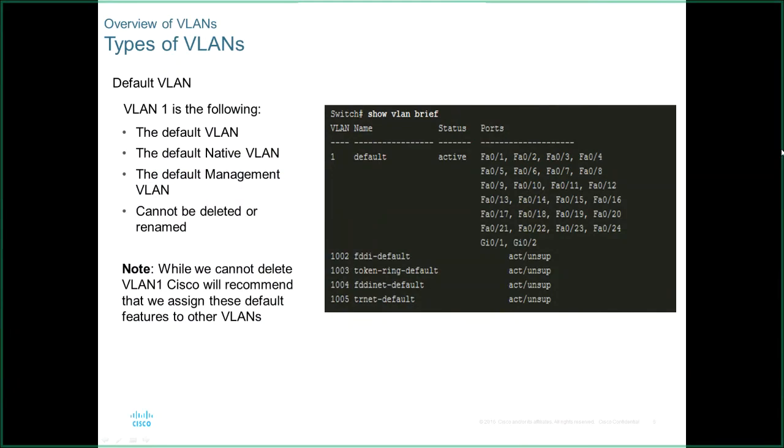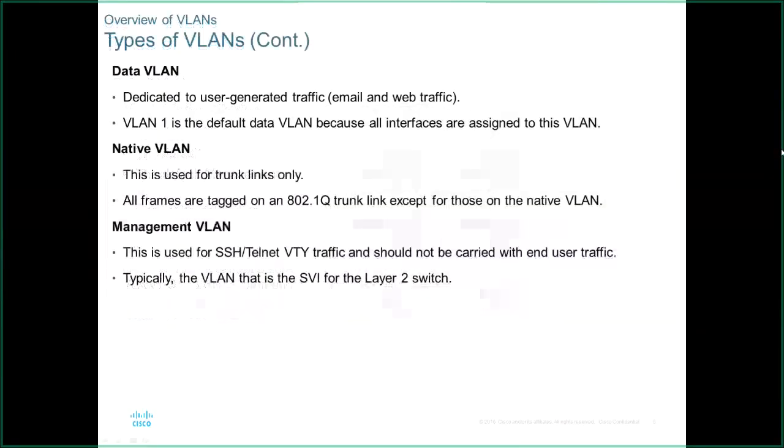So if you don't have any ports assigned to it, you help secure the network, because there are no active ports, therefore anybody trying to hack the system can't gain access on VLAN 1 to anything within the network. So from a security standpoint, it is best to remove your ports from VLAN 1 and assign them to actual functioning VLANs.